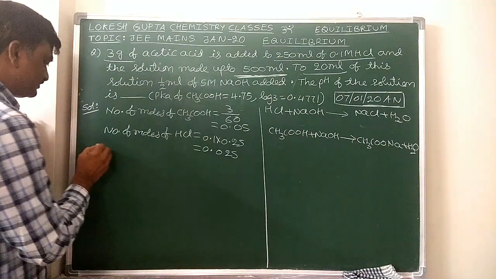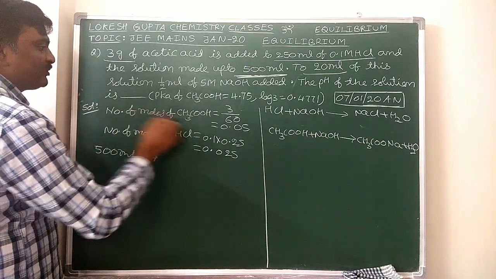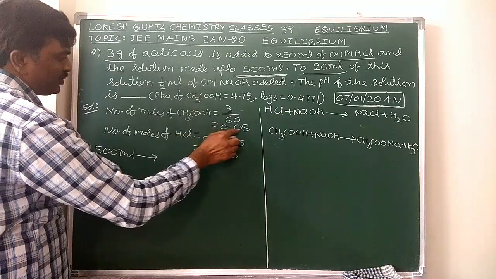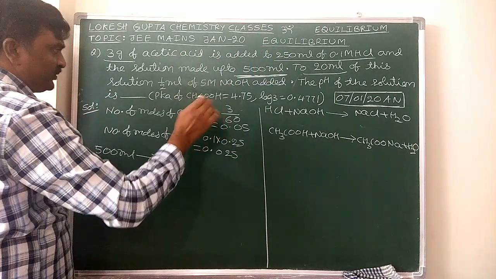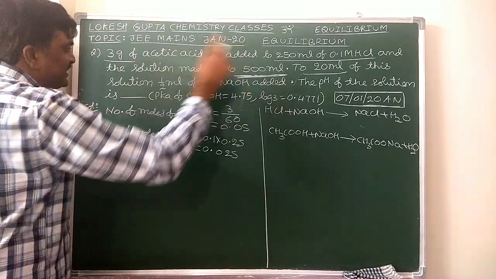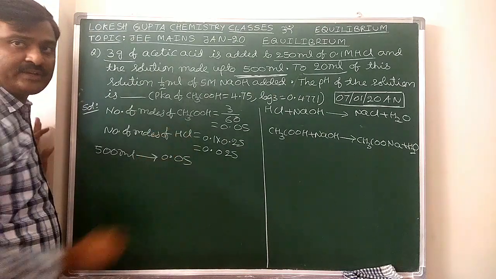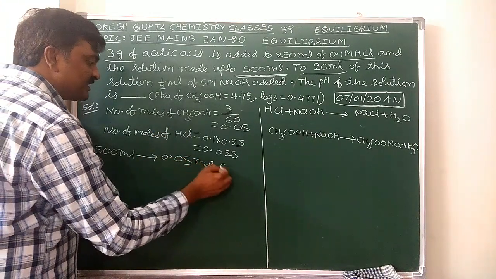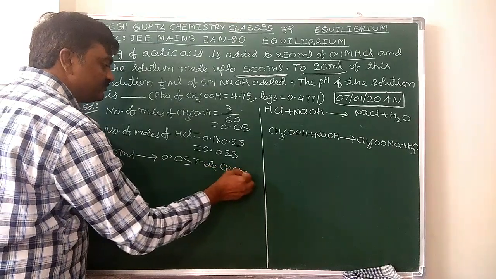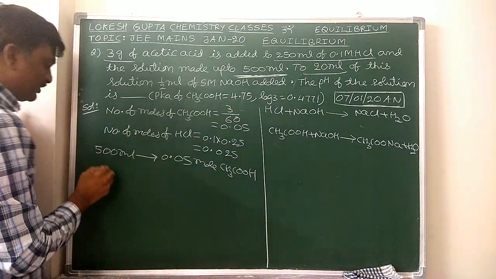In the 500 ml solution, how many moles of acetic acid are there? 0.05 moles of acetic acid are present. Now from that we take only 20 ml.